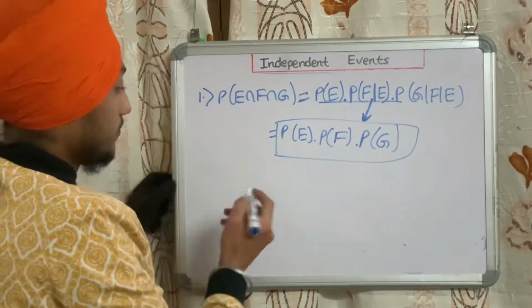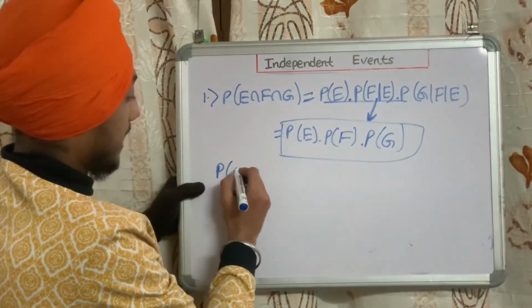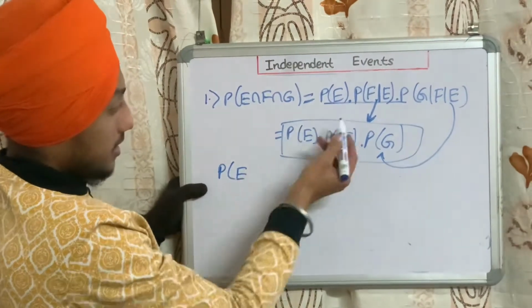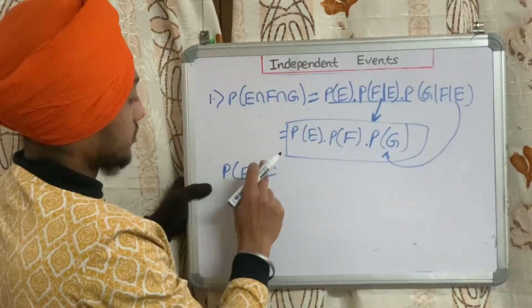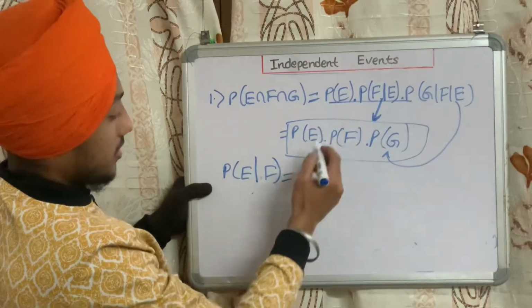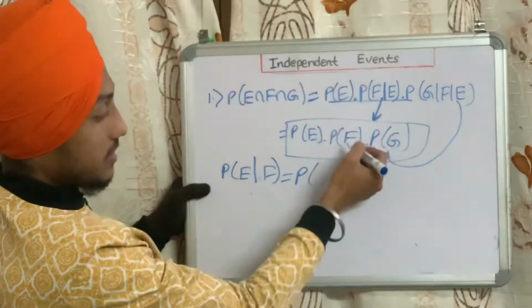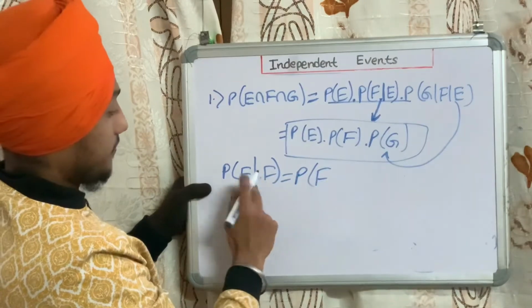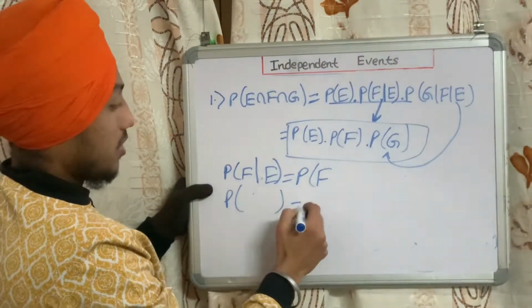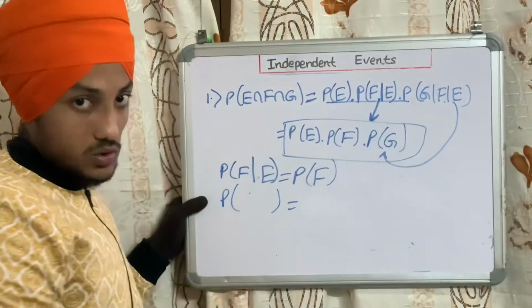But it should also be implied that for writing this into that, we know that E and F should be E and F, because this should be equal to what we have already written here, P of F. So this could be written as that. But how can we write this as that?